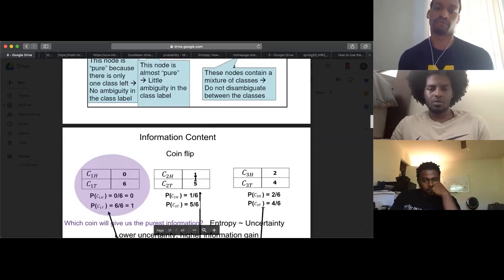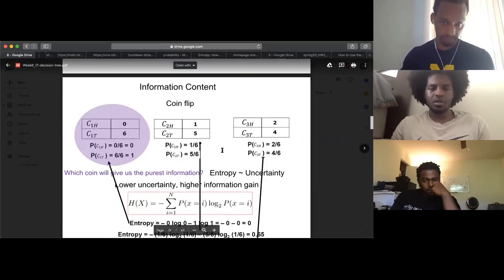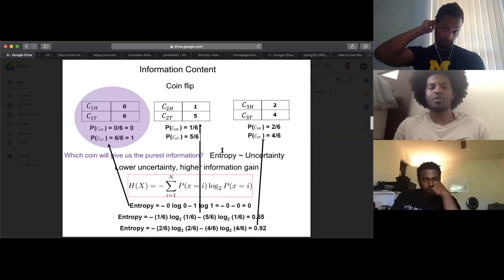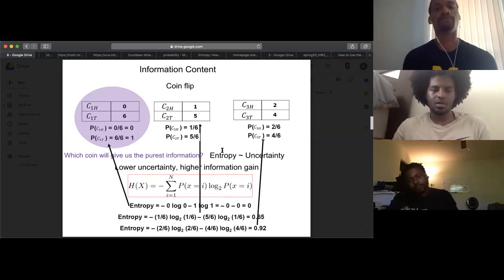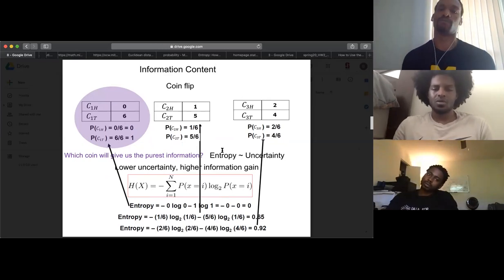Information theory is how you determine what features you want to split on. Remember, entropy is how uncertain your data set is, right?